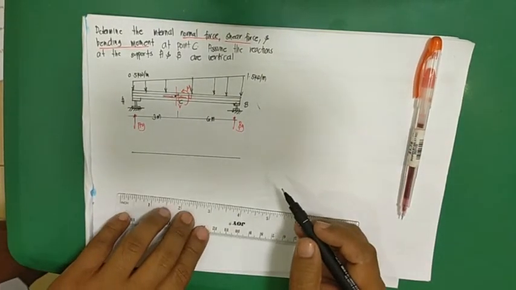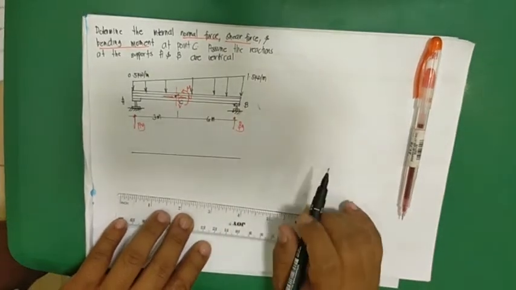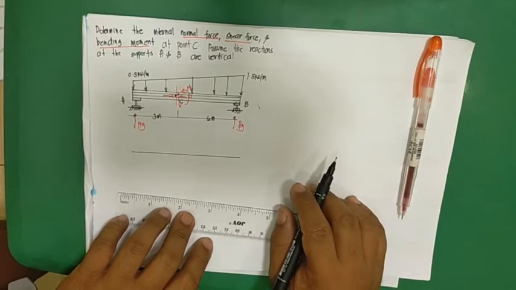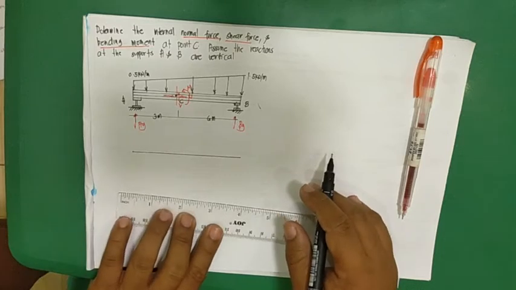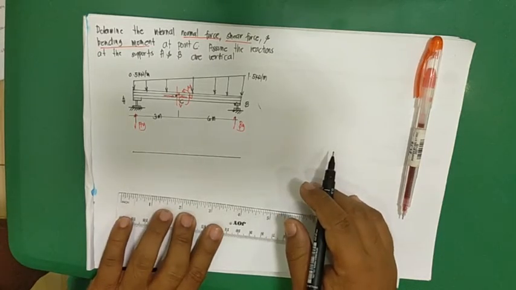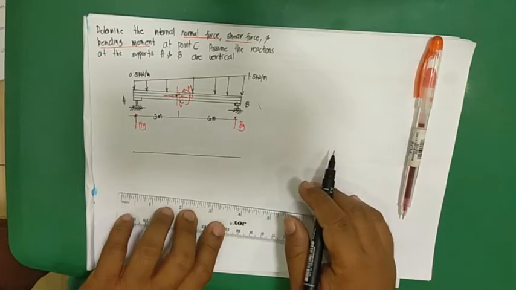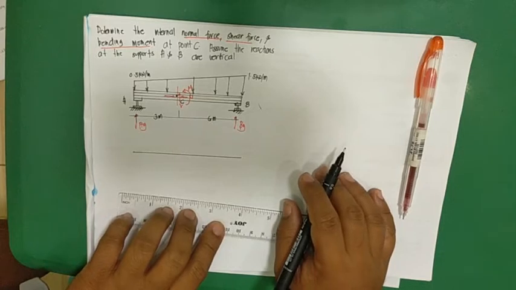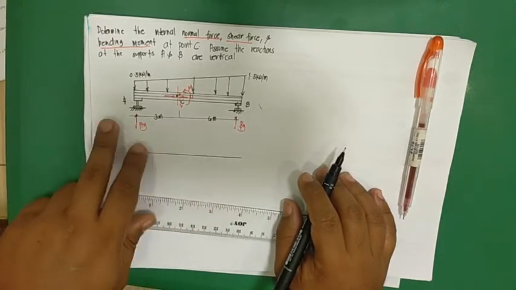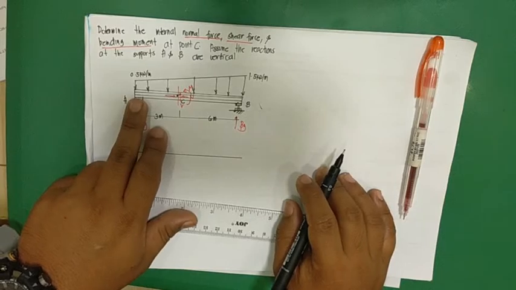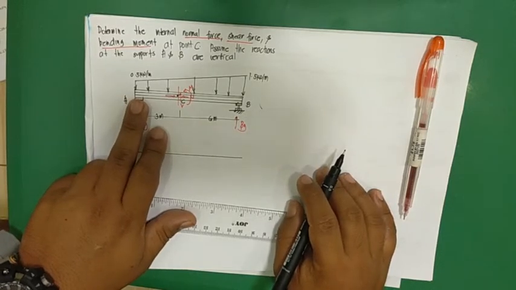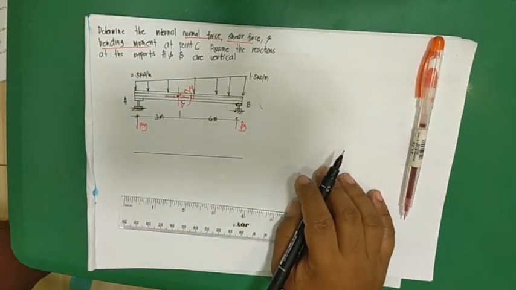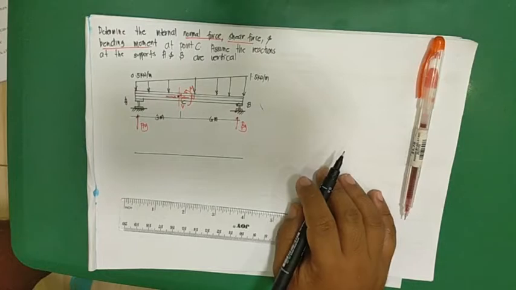So by the way, this is a trapezoidal loading. Okay, what can we say about this one? You have two locations of the load of 0.5 kilonewtons per meter and 1.5 kilonewtons per meter. Okay?